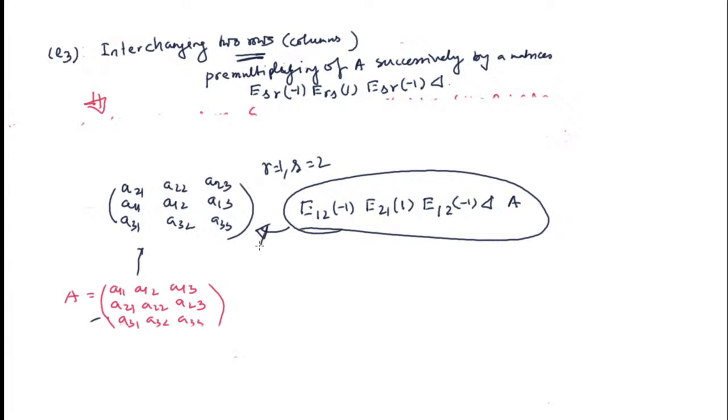So these three types of operation we use, and we see that these three types of operation are nothing but pre-multiplication and post-multiplication by a non-singular matrix. Hence the rank of this matrix is unchanged. So for canonical reduction, we use these three elementary operations, E1, E2, E3.